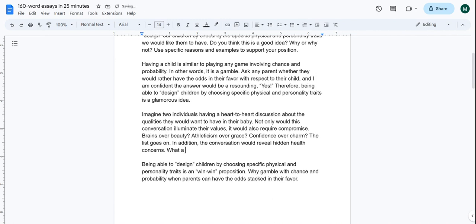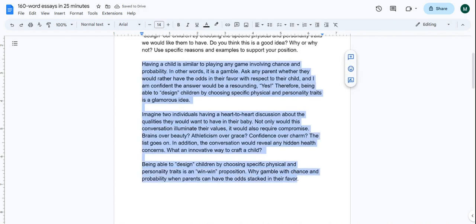What an innovative way to craft a child. Would reveal any hidden health concerns. What an innovative way to craft a child.